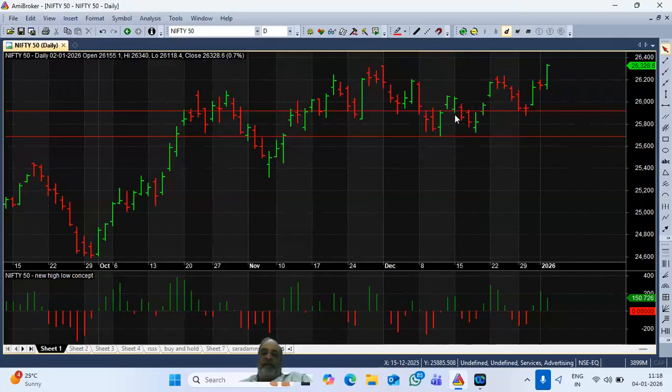And ultimately this day low was breached, and this level I have placed here has been breached by the bar, and the close is near the day low.